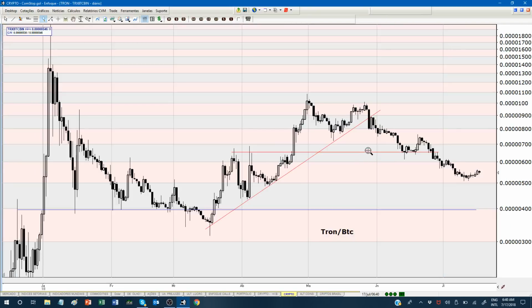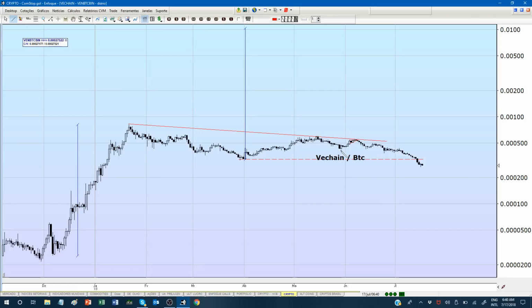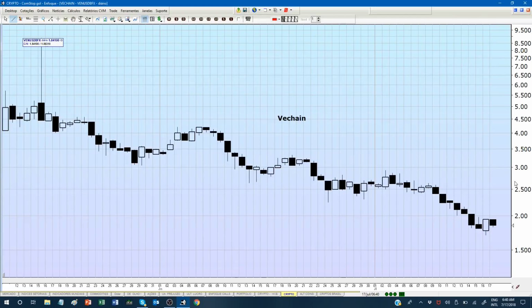And Tron is respecting its resistance level, so I wouldn't do anything until it breaks this level, and it looks like a downward flag. It's probably coming down. VeChain broke the support line, probably coming down to its next support level at 20,000 satoshis.